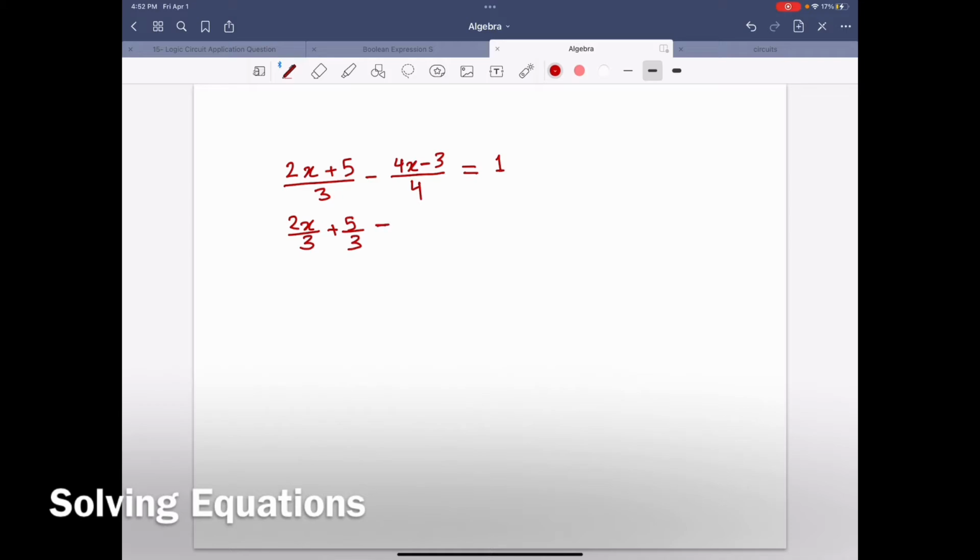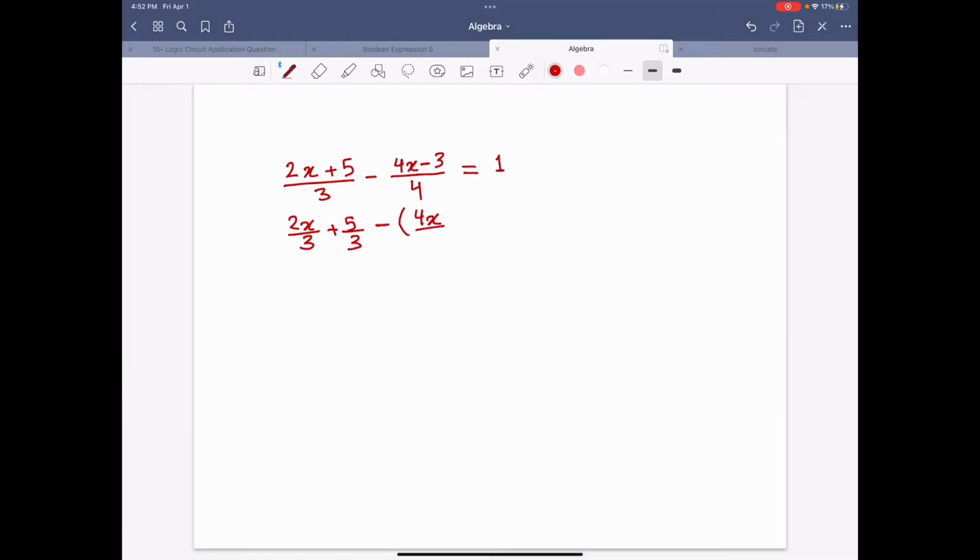And then here we have negative. Then I'll put a bracket. It's a mistake that I noticed some of you are making. Equals. I like to align my equals because they keep everything organized. Okay, so equals 1. That way we do not forget about this negative.